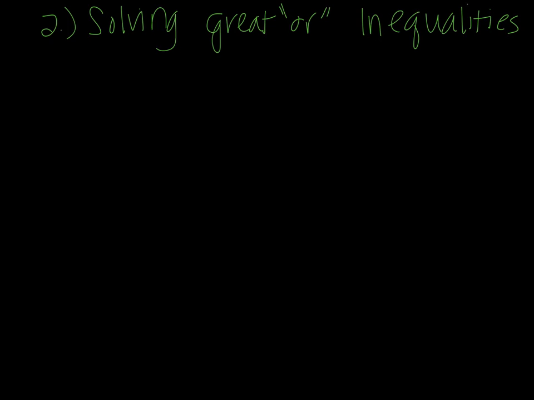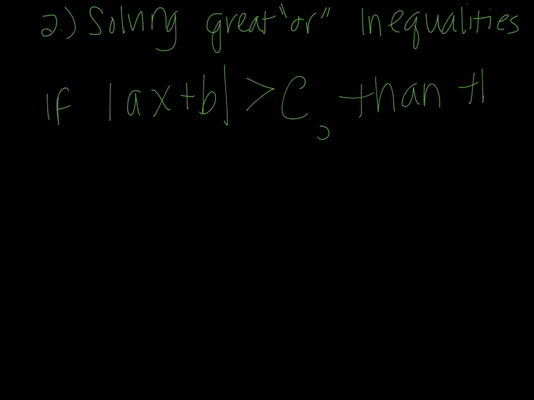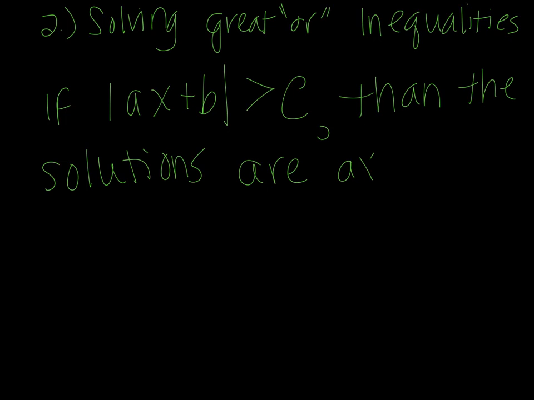So now, if I'm solving a greater than inequality, it's going to produce an or inequality if the symbol's greater than. So if the absolute value of ax plus b is greater than c, then the solutions are ax plus b is greater than c, or ax plus b is less than negative c.